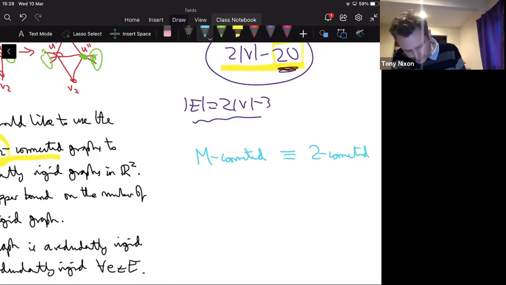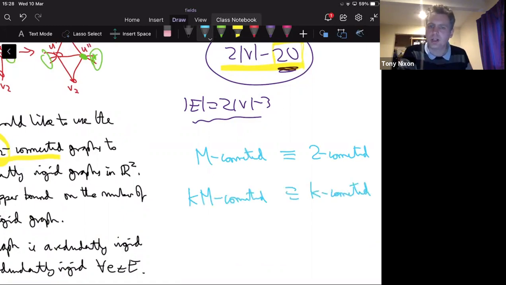You can have, let's say, KM connected, whatever that means, which is a natural generalization of a graph being K connected. And it is something like the number of edges within each common circuit, but I don't know the precise definition off the top of my head.